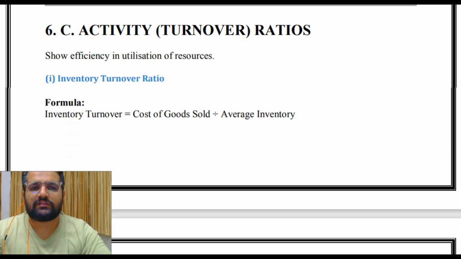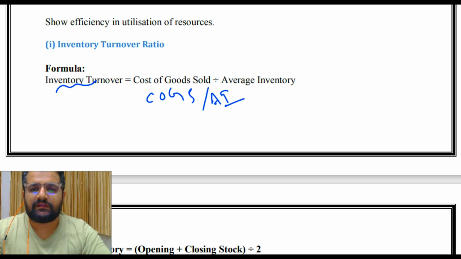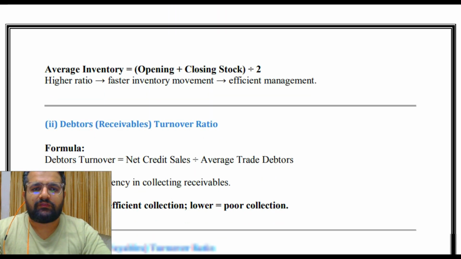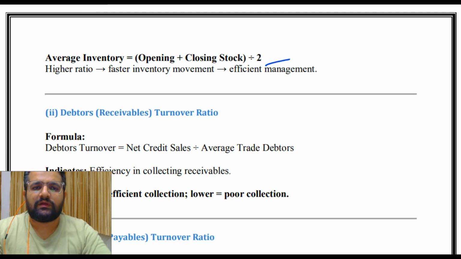Activity turnover ratios show efficiency in utilization of resources. Inventory turnover ratio. Formula: inventory turnover is equal to cost of goods sold, that is COGS, divided by average inventory. Then average inventory is equal to opening plus closing stock divided by 2. Higher ratio means faster inventory movement and efficient management.